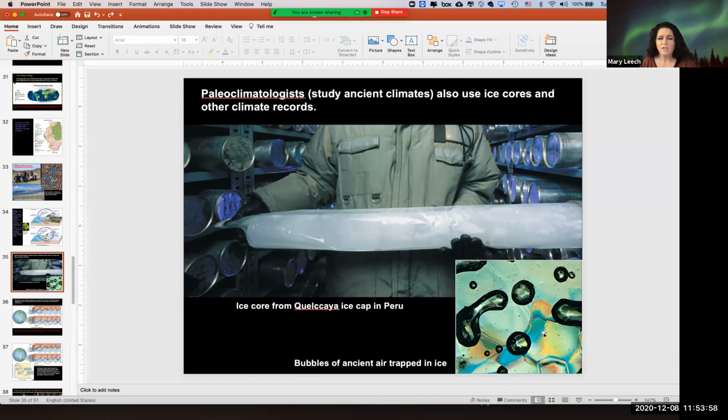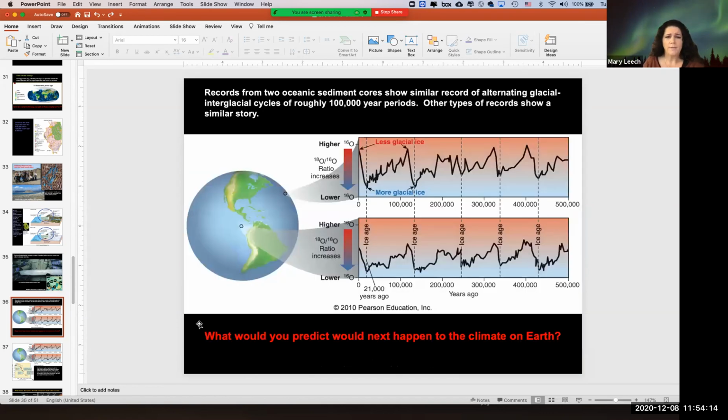Sometimes there are actually trapped air bubbles inside the ice, and that's ancient air. So you can actually measure the air from 20,000 years ago, which is really cool, right? That's really cool.